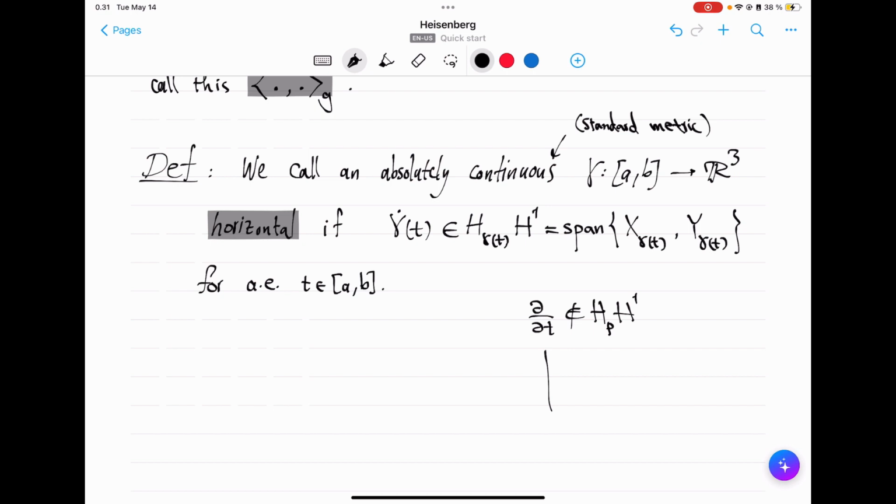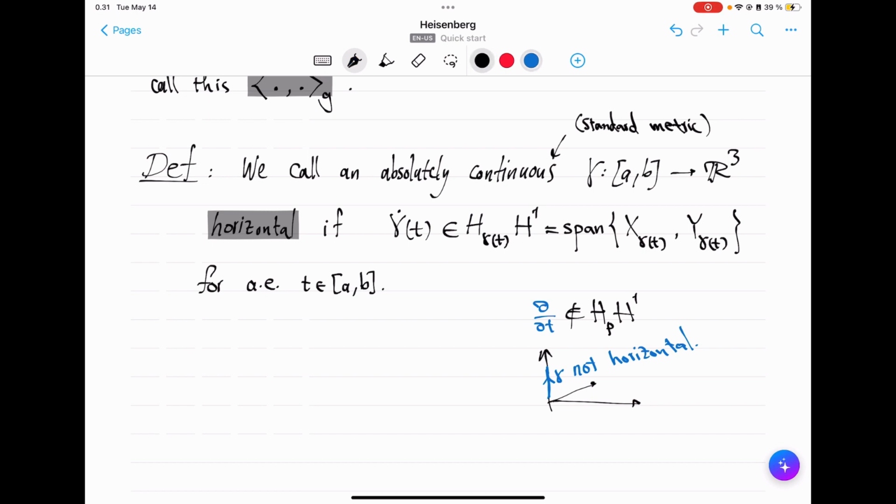That immediately tells us that the curve that simply travels in this direction is not horizontal, because the derivative is parallel to partial t, which does not belong to the horizontal subspace unless that derivative is 0.